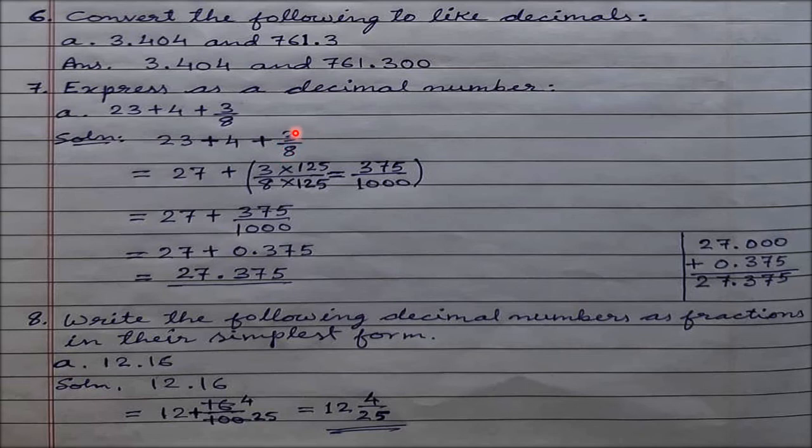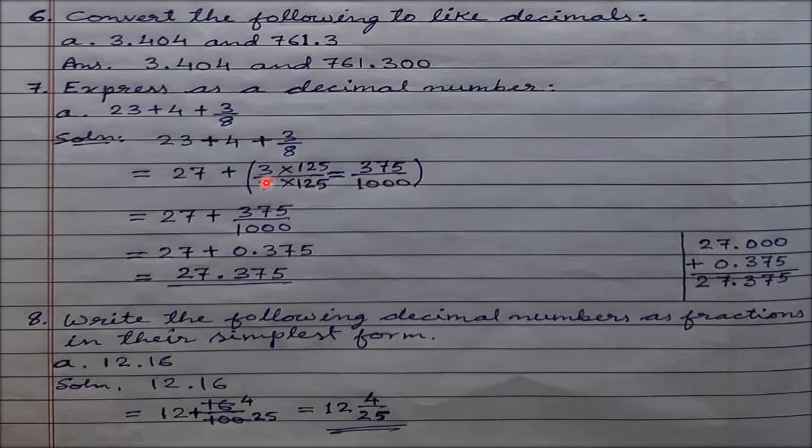For a decimal fraction, the denominator should be 10 or 100 or 1000. So we write 27 plus 3 by 8 inside the bracket, then multiply with something so that the denominator becomes 10 or 100 or 1000.